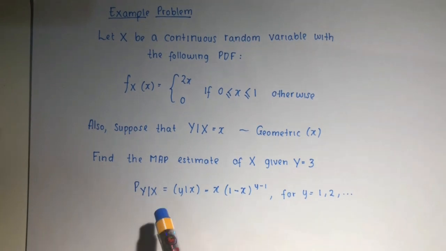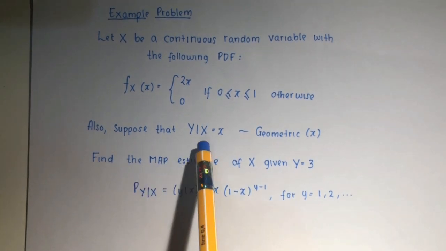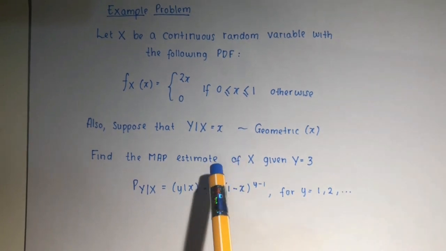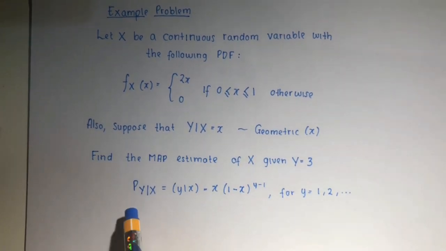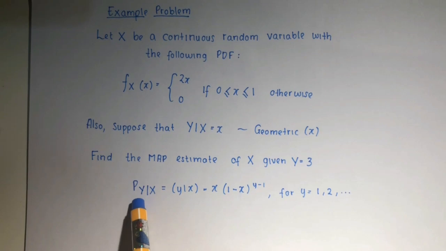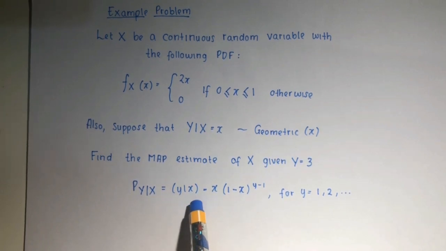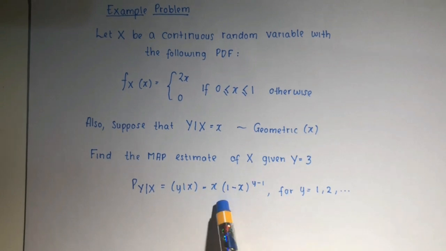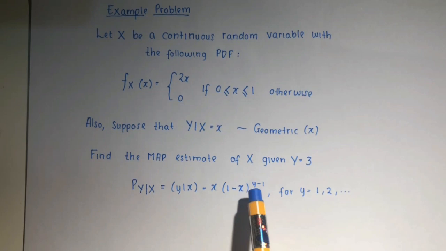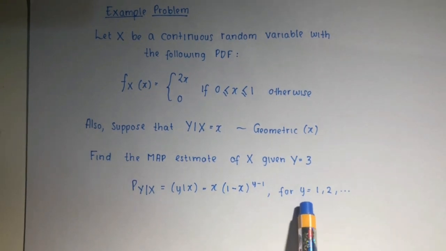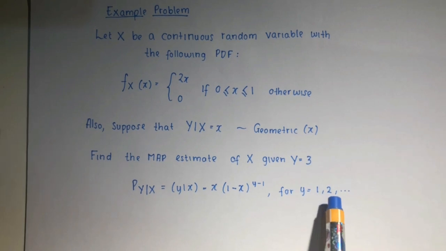Because from what we know, y given x equals x, we get the probability of y given x equals x, which equals x times open bracket 1 minus x to the power of y minus 1, for y equals 1, 2, and so on.